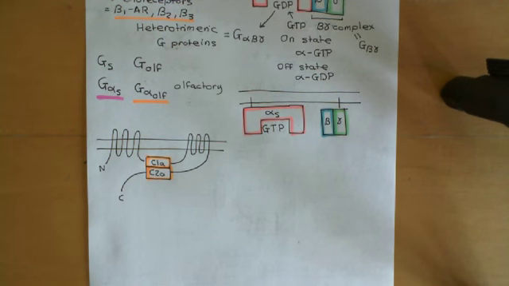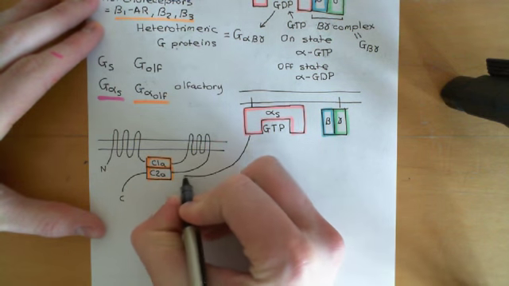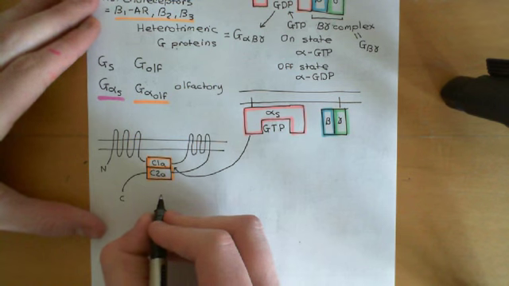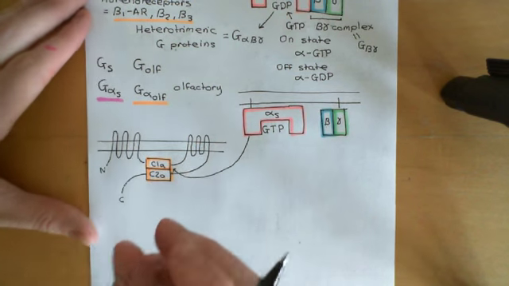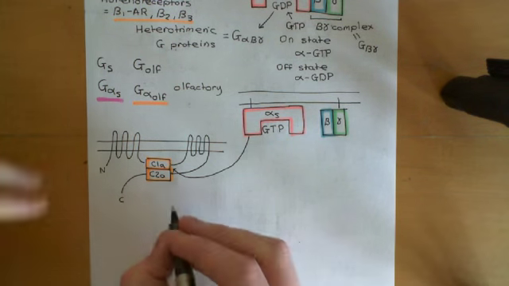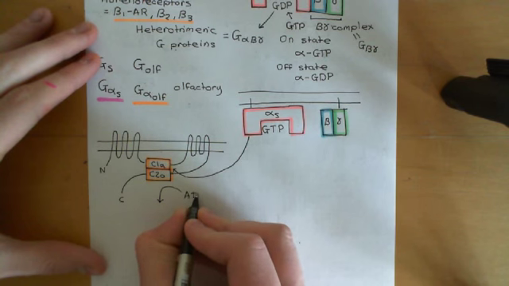Now, what's basically going to happen is our alpha S GTP subunit can come and bind to this C1a, C2a dimer, and can promote a conformational change in that dimer that causes it to become an active conformation, and then it will be turned on and can start converting ATP to cyclic AMP and pyrophosphate.